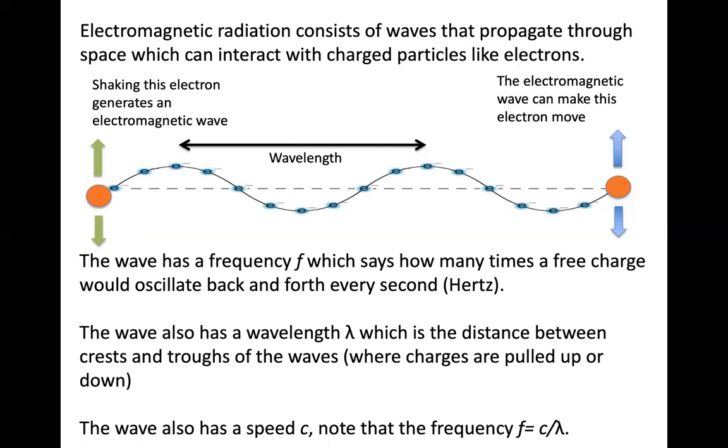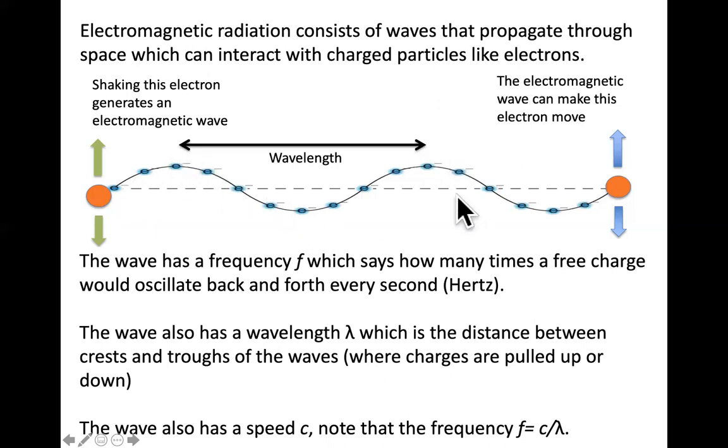So this electromagnetic radiation that is going from one charge to the other has a characteristic frequency. It also has a wavelength, a spatial dimension. This shows a bunch of dots indicating individual charges and how they would move in response to this oscillating charge. There are places where the charges are being pulled up, and there are places where the charges are being pulled down.